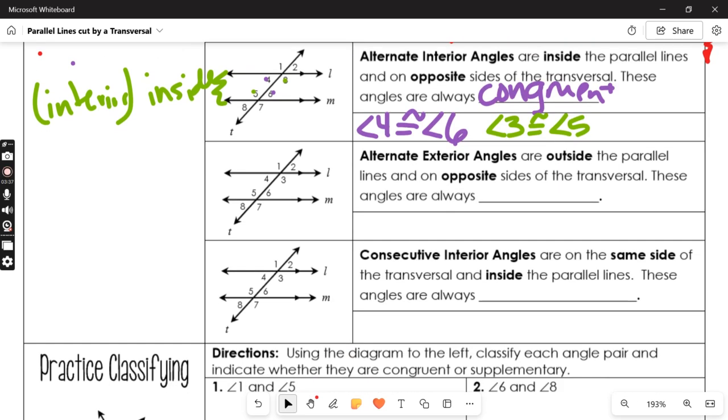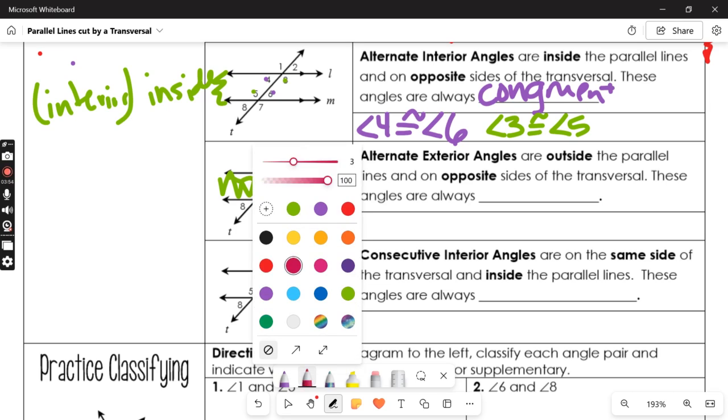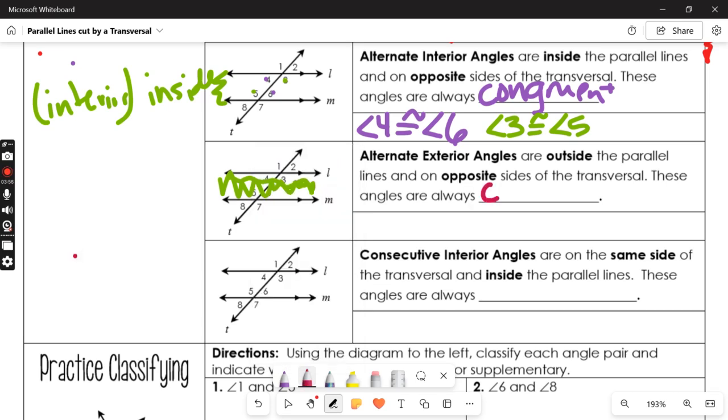Then we have alternate exterior angles. Alternate exterior angles are on the outside of the parallel lines, so we don't want to look between them. And they're on opposite sides of the transversal still. These are also congruent.